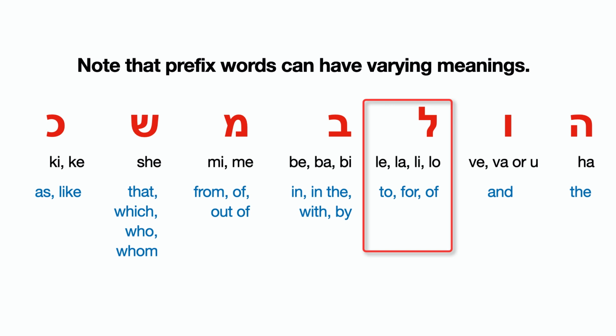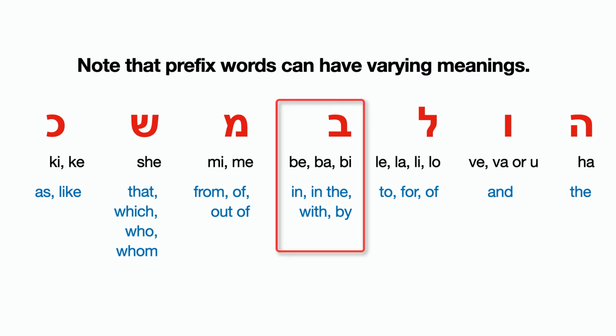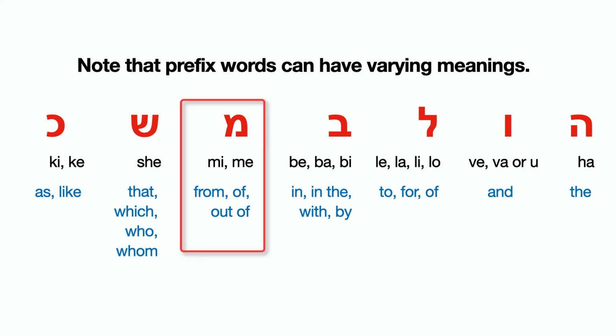However, when we look at le, it could mean to, it could mean for, it could also mean of, and it really depends on the context of the sentence. Same with be, it could mean in, it could also be used to say in the, or with, or by, again depending on the context.